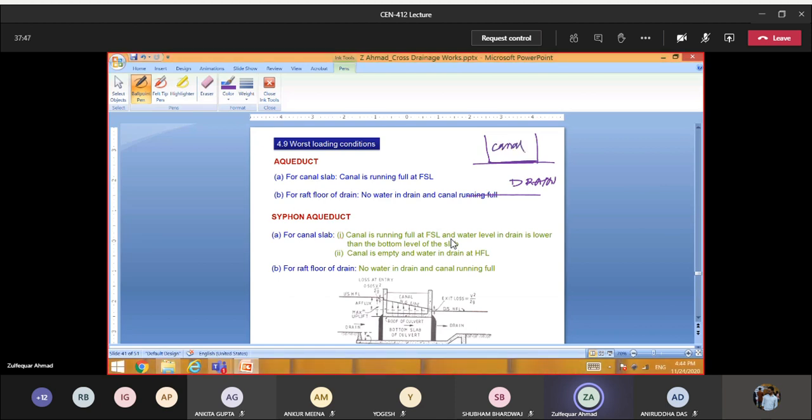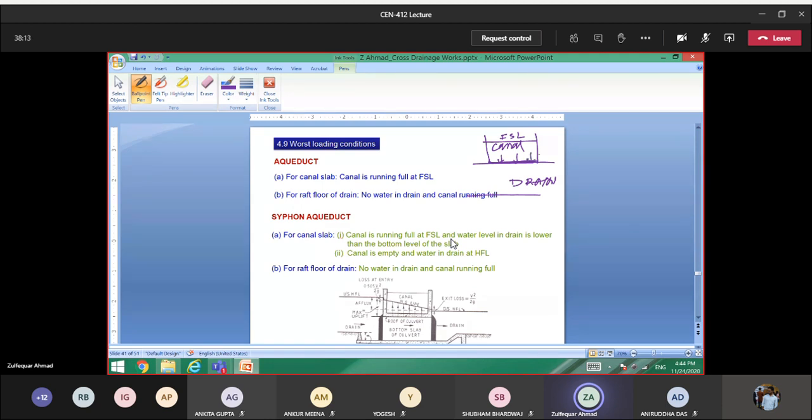The worst condition will be when you have the full load on the canal. I mean, this is flowing at the full supply level, okay, and this water is not touching this, right? So in the case of the aqueduct, that will not touch. So the worst condition here is once the canal is full. In that case, the load will act only in the downward direction, okay.